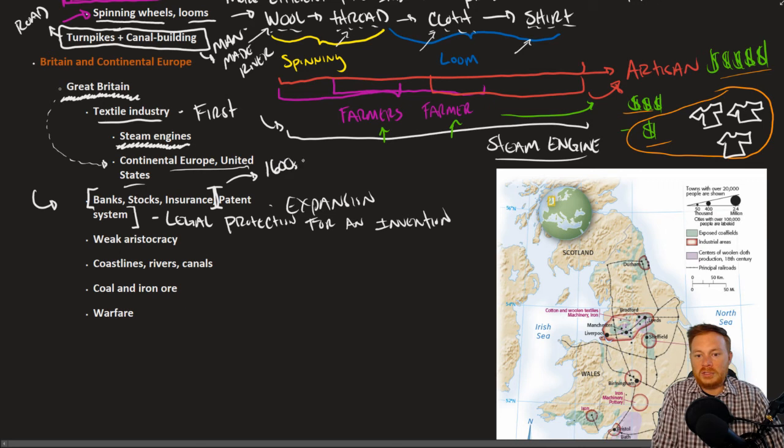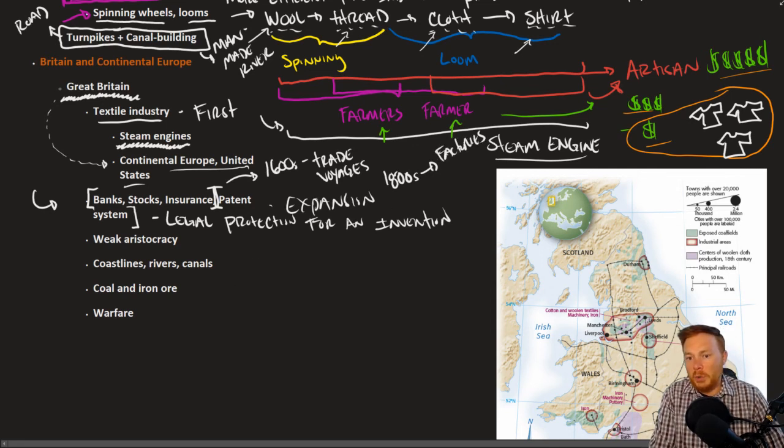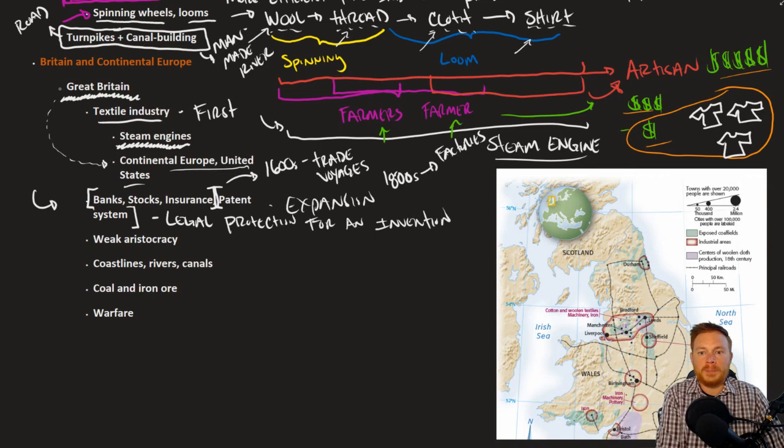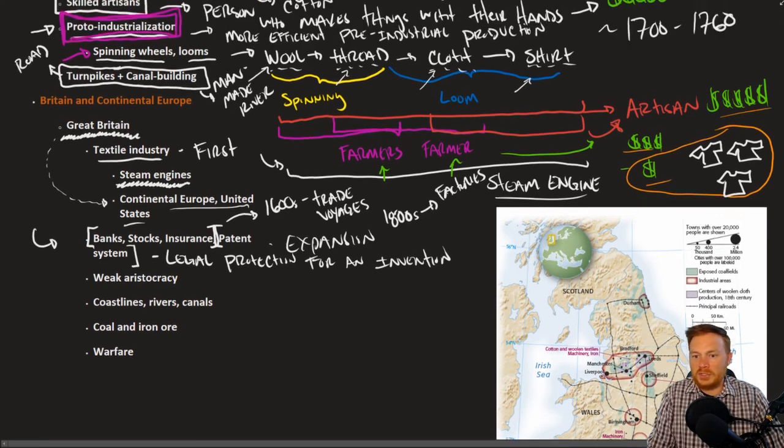1600s, these were all done for trade voyages, right? In the 1800s, all of these things are being used for building factories, right? Which again have still the same motive, but are being used a little bit differently. And essentially what a factory is, let's look at this process of production here.